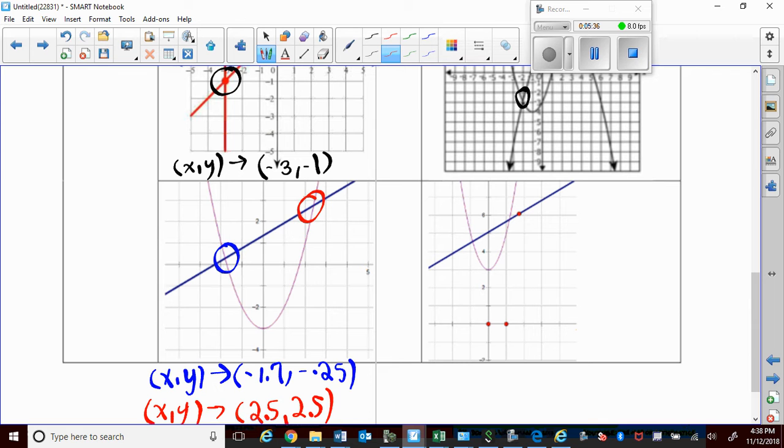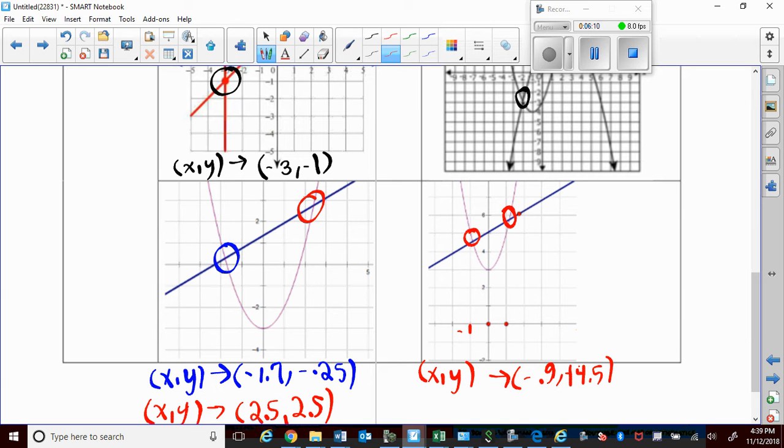Next one, here are my two intersections. The first one, x, comma, y, maps onto, let's find the origin here. It looks like we're right here. So that's about negative 0.9, comma, looks like it's right in the middle, positive 4.5.